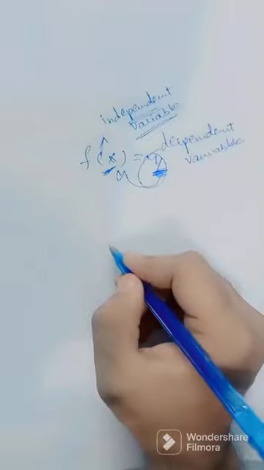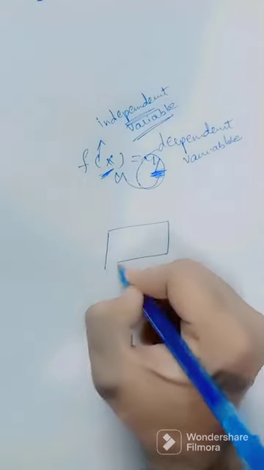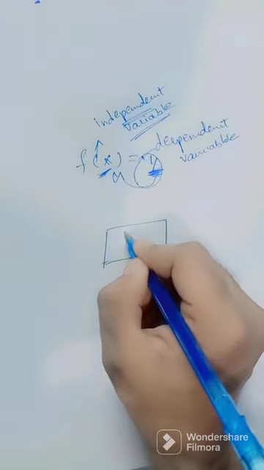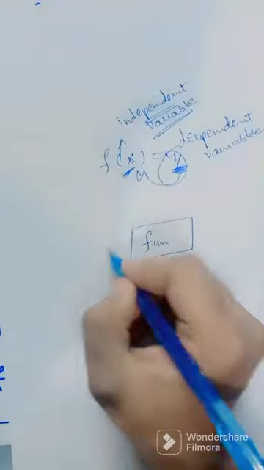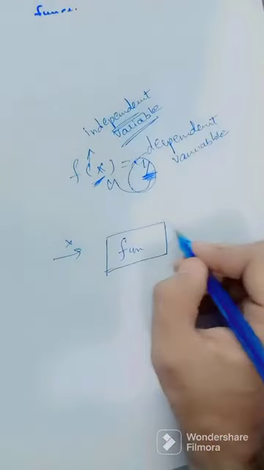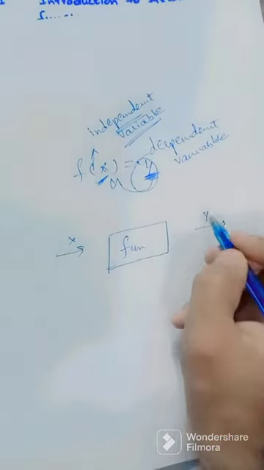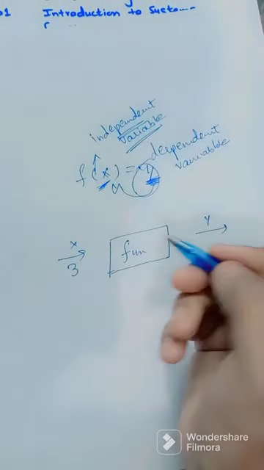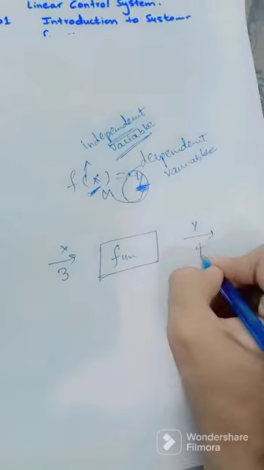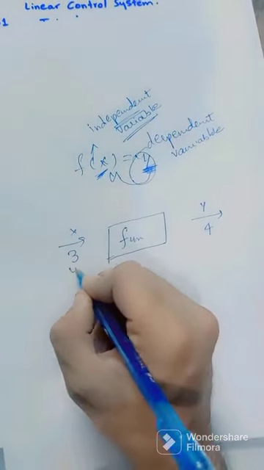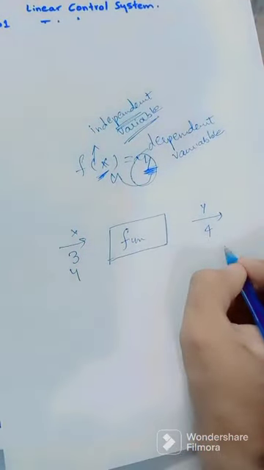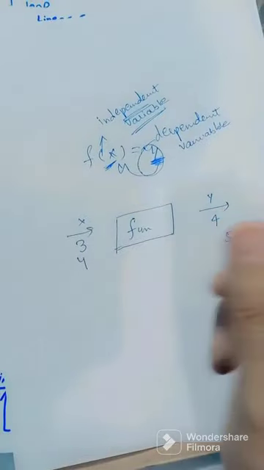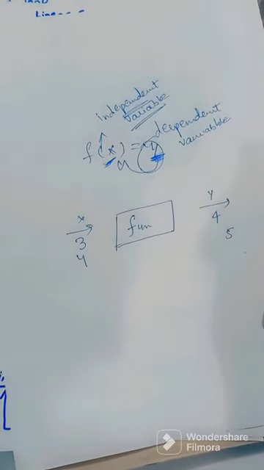So for example, we have this type of function here. Here we have the input, which is x, and here we have the output, which is y. Let's say I'm giving 3 to the system, which is a function, and as a result I'm getting 4, and I give 4 to the system or function, and I'm getting 5. So what will be the output equation of that function?